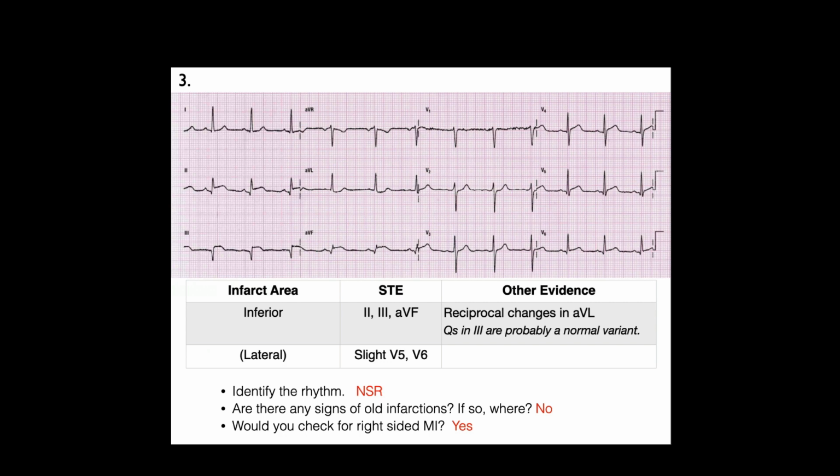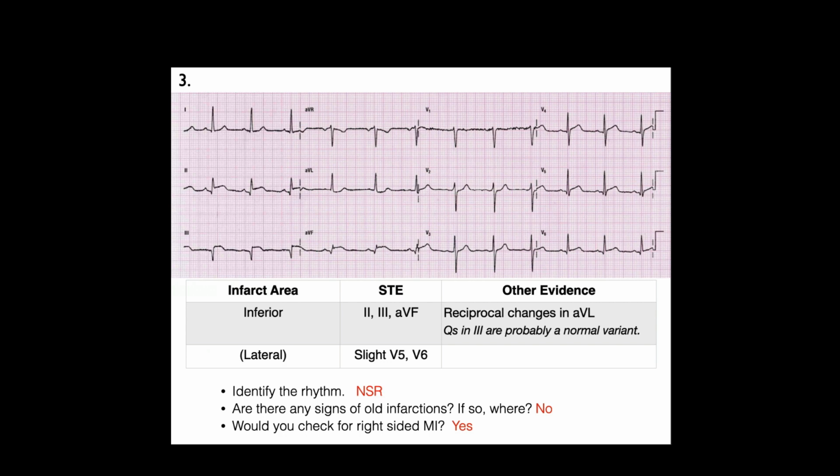Things like ST elevation in V1 and nothing else is probably meaningless unless it's right-sided. Another one is Q waves in lead III and only in lead III, which are very particular to lead III and could be a normal variant.